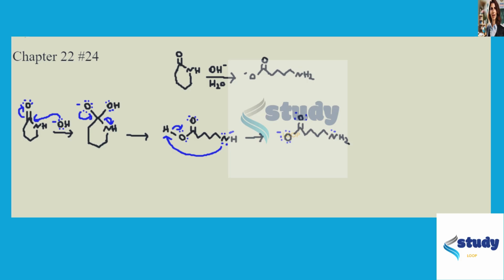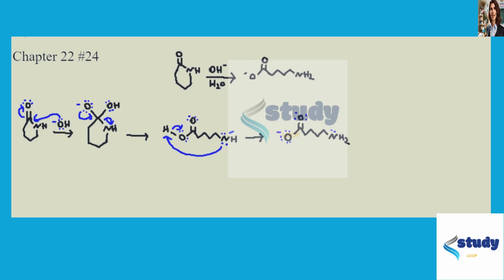And the way that this mechanism is drawn, the nitrogen will pluck this hydrogen from the oxygen here, and the oxygen-hydrogen bond electrons will revert to the oxygen. And this makes sense in the context of this mechanism, right? Because it is basic conditions.